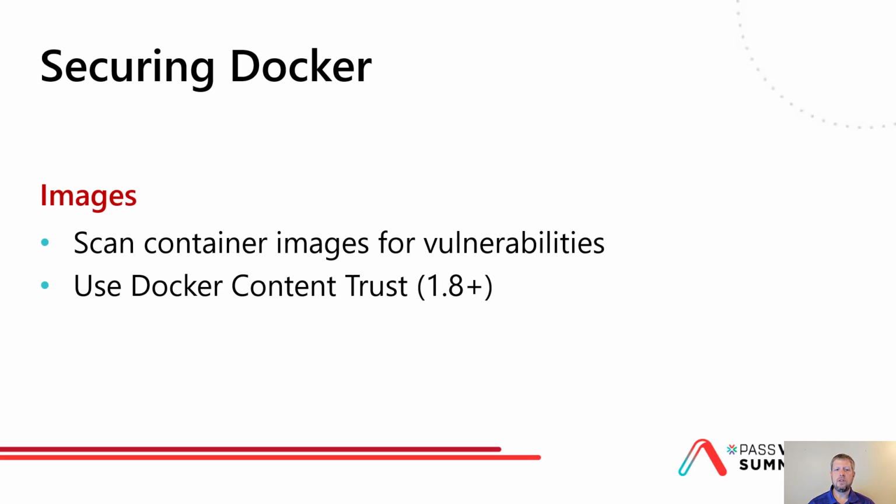Use a tool, and there are a number of them out there, which can scan those container images for vulnerabilities and log that to make sure that it's known that these are clean when they're installed. And then use what's called Docker Content Trust if you're able to. This is basically code signing for all of the code in the repositories, which are the places that you get new Docker containers, Docker images.